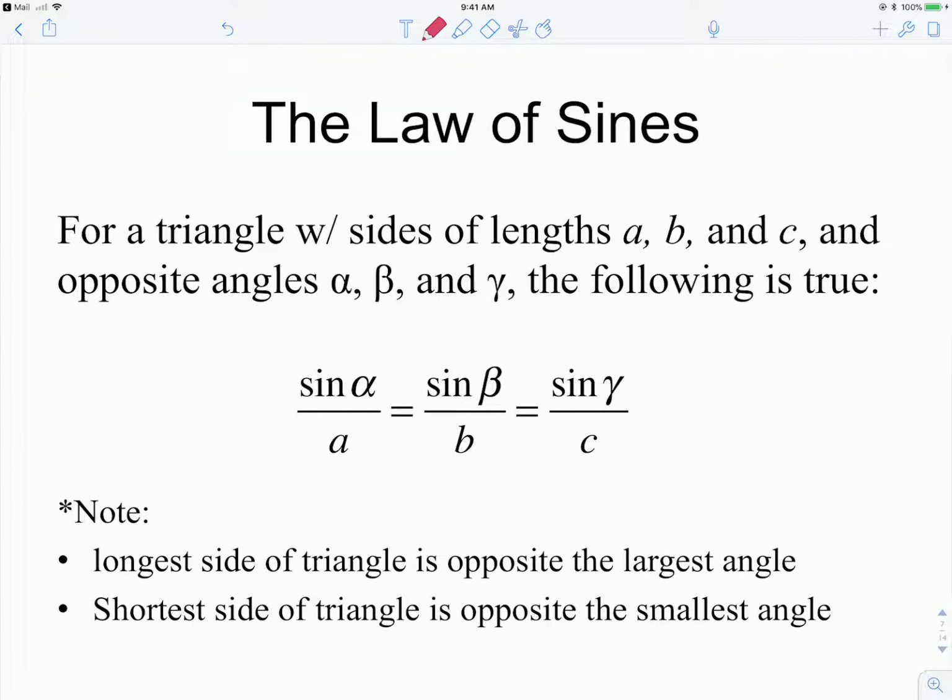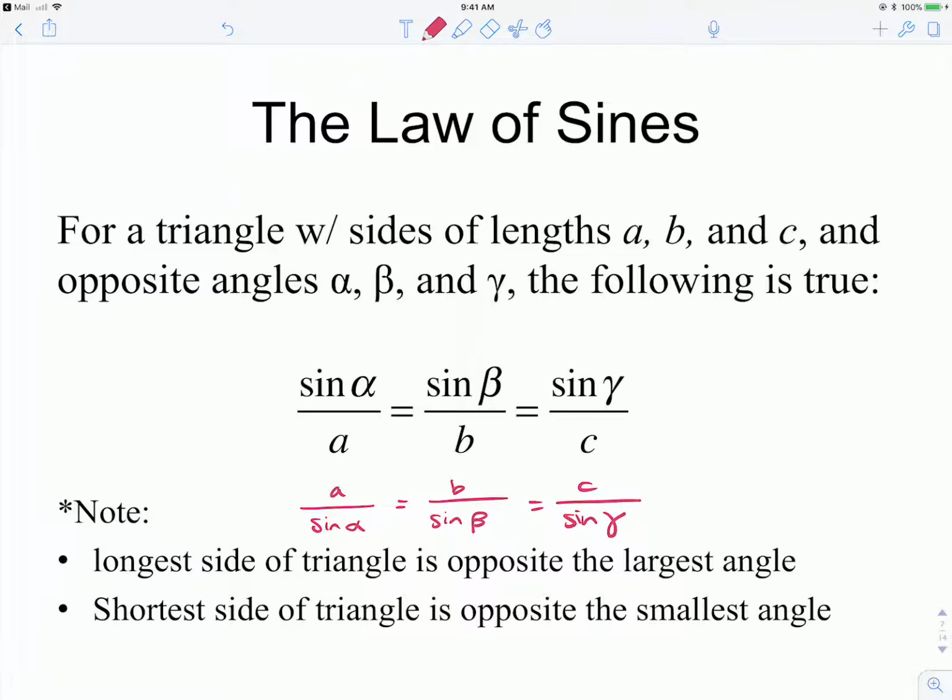So here is law of sines, and law of sines can also be flipped. So it can be written as a over sine of alpha equals b over sine of beta equals c over sine of gamma.